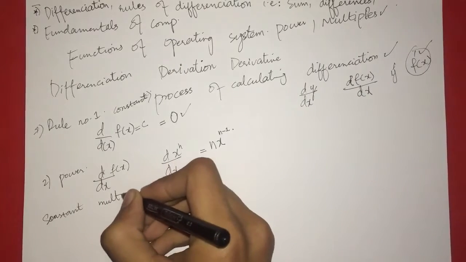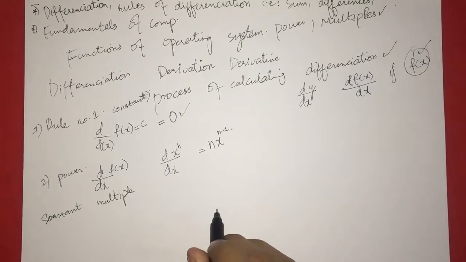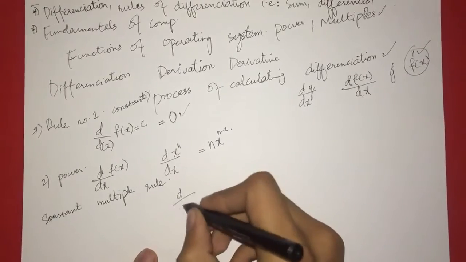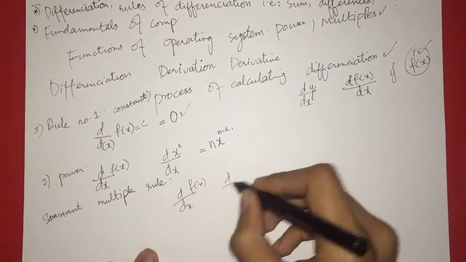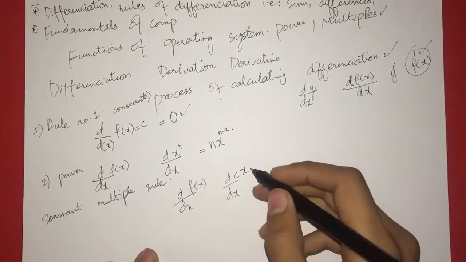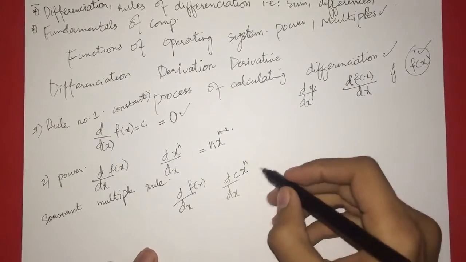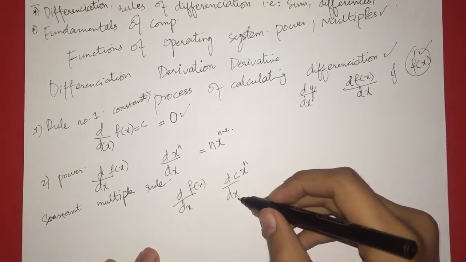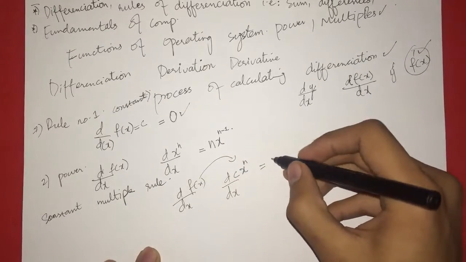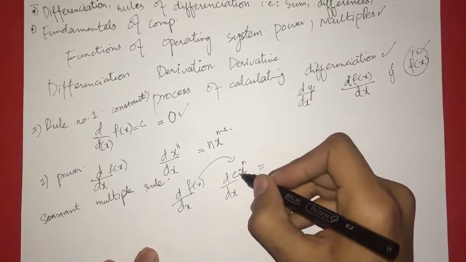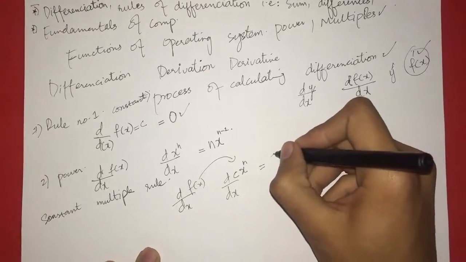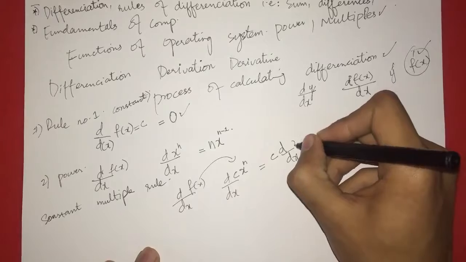What the constant multiple rule says is, if you have d by dx of f of x, where f of x equals c x to the power n, then the derivative of this function is equal to c times d by dx of x to the power n.